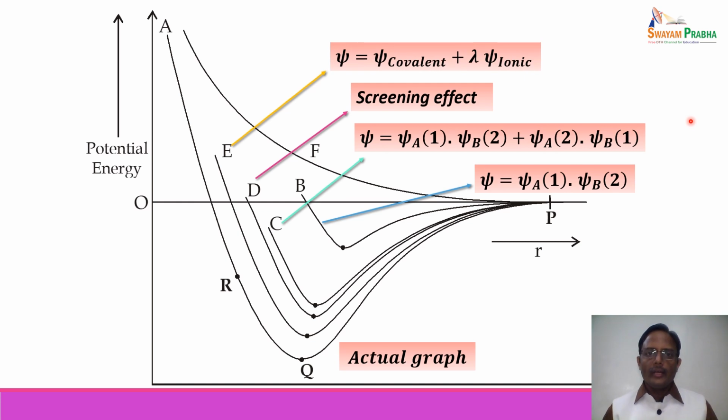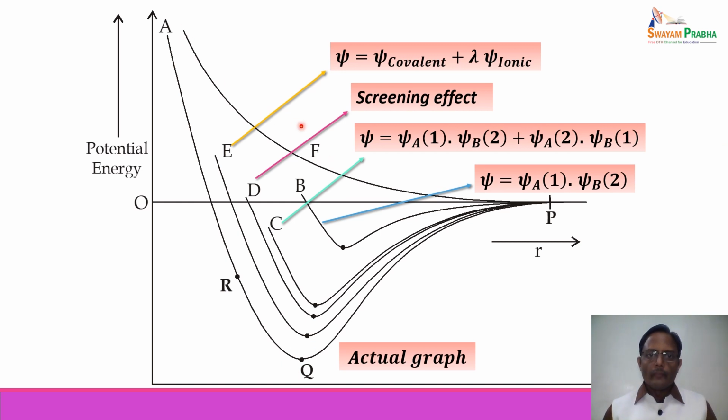When we apply the mixing of covalent and ionic wave functions, curve E is obtained. So we can see that with every successive modification, the calculated curve approaches the experimental curve which is actually observed.